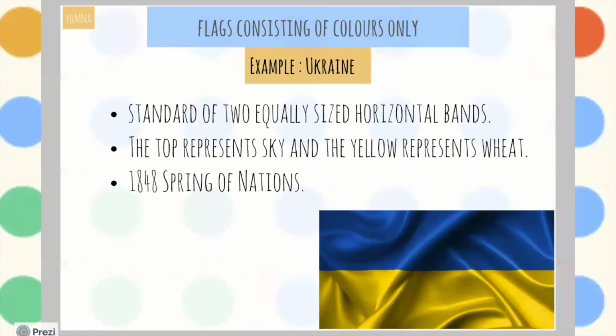As an example of flags with only colors, is the Ukrainian flag. The flag of Ukraine is a standard of two equally sized horizontal bands of blue and yellow. The top, the blue, represents sky and the yellow represents wheat. However, as a national flag, the blue and yellow bicolor has been officially used since the 1848 Spring of Nations.